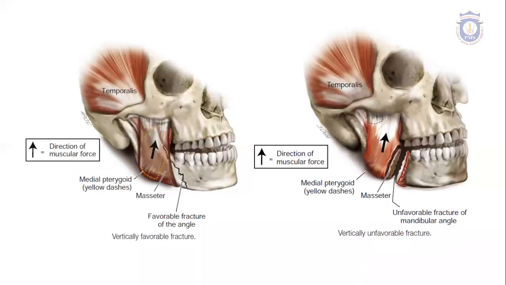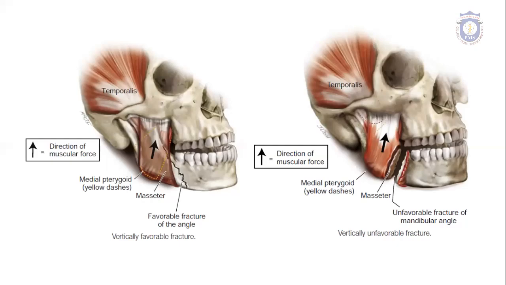Vertically, similar lines: one line extending from the distal to the mesial aspect towards the lower mandible, the masseter is pulling up and will hold the fragment in position, and that is called a vertically favorable fracture. Whereas if it is in the opposite direction, the masseter will pull it forward and upward. That will result in an unfavorable fracture because it is totally displaced. Now you have to pull it back and hold it in position.